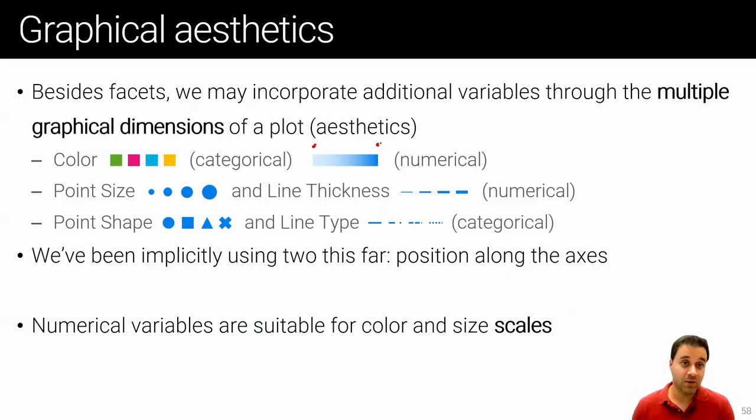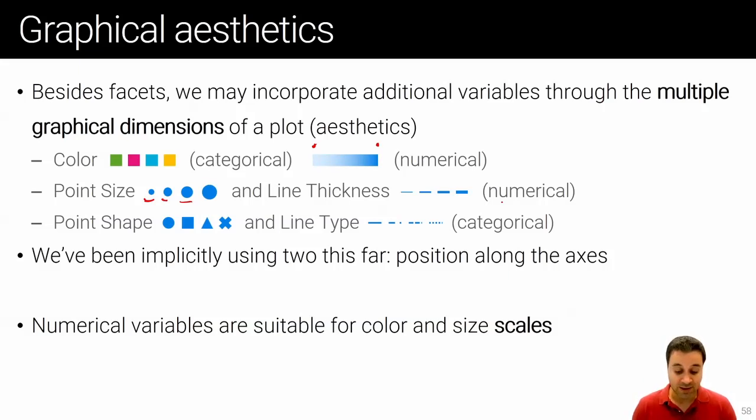In a scatter plot, you could have points this big or this big or this big. Just make the size of the point proportional to another variable. Or if you're showing lines, you can make them thicker. So depending on the values of a numerical variable, you can make the points or the lines bigger or thicker. And that's, again, maybe showing you another relationship.